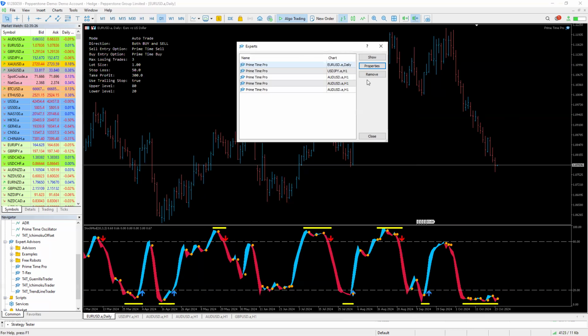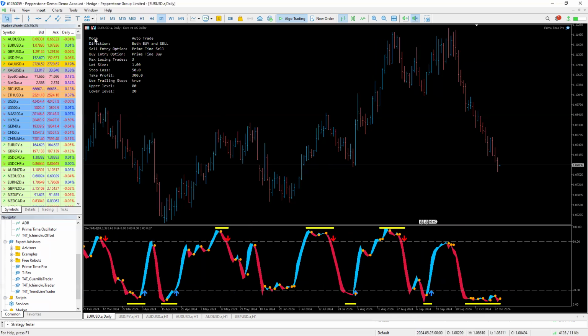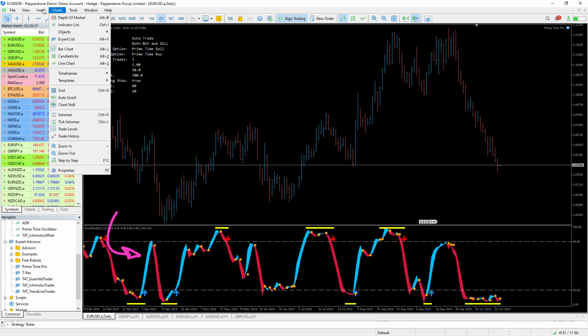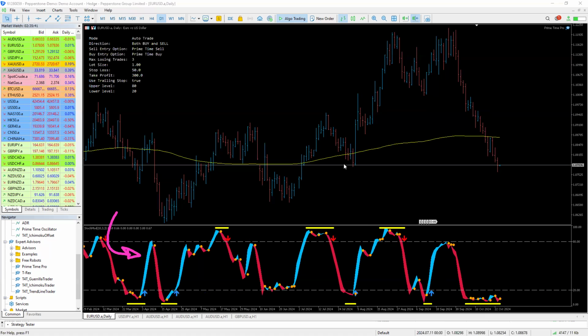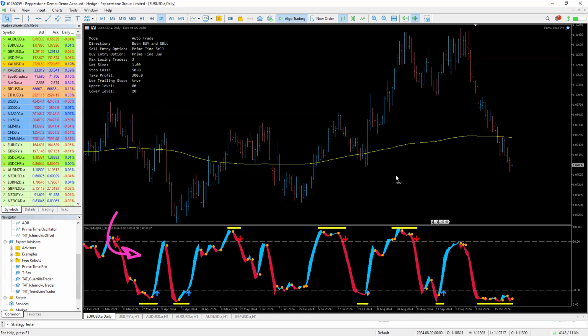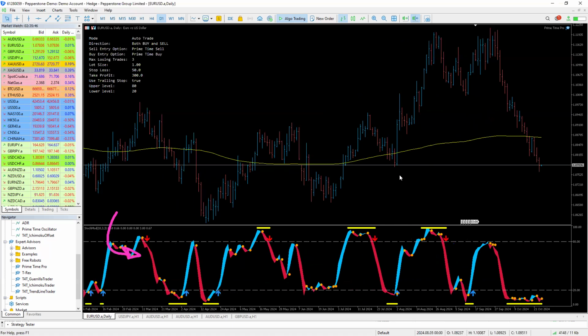Now on your chart, nothing will appear. And just like the primetime oscillator is a visual to show you what's going on and where your signals are, we would actually draw a moving average so I can visually see where the market is in relation to that bull bear pivot line and what it's going to do for us.